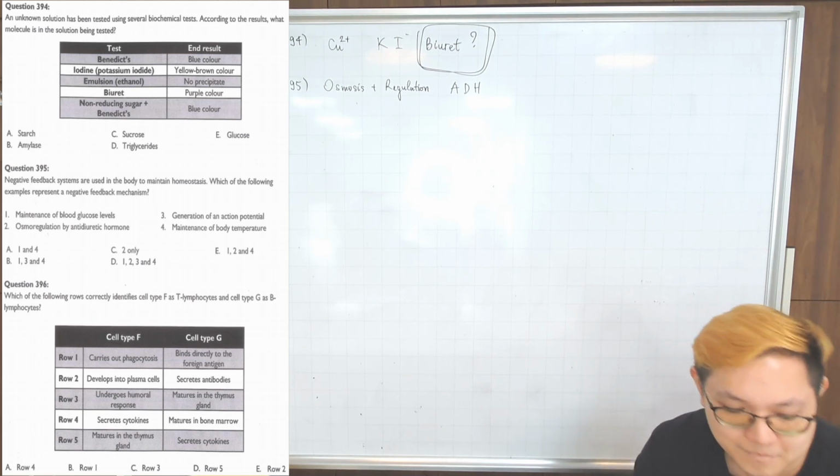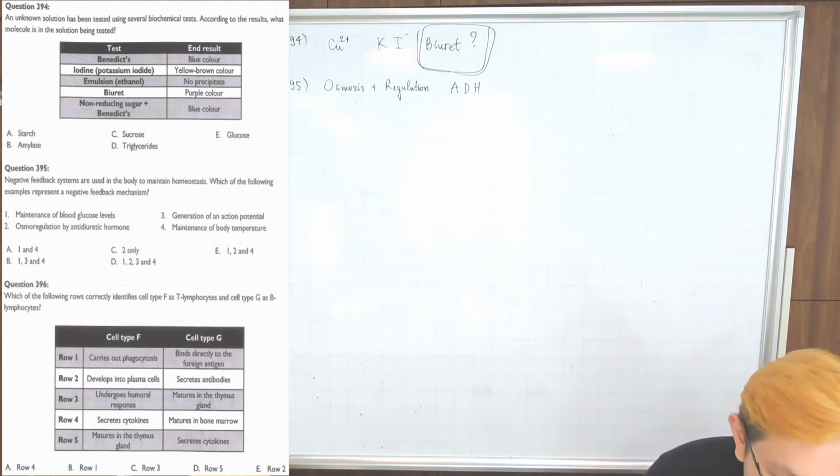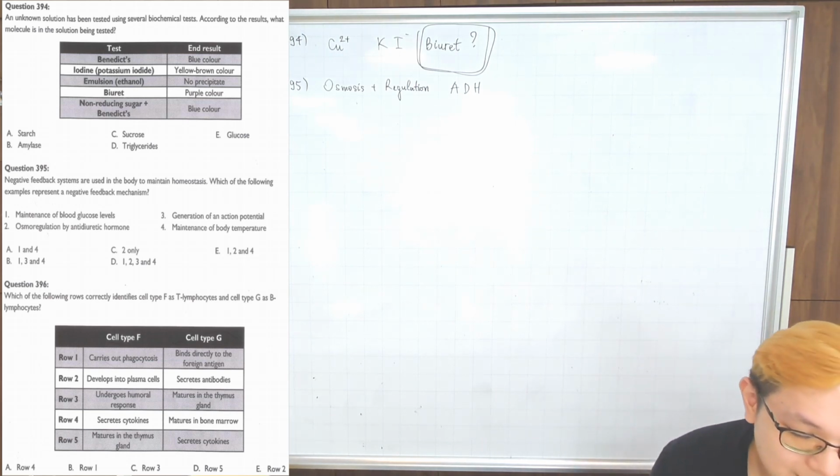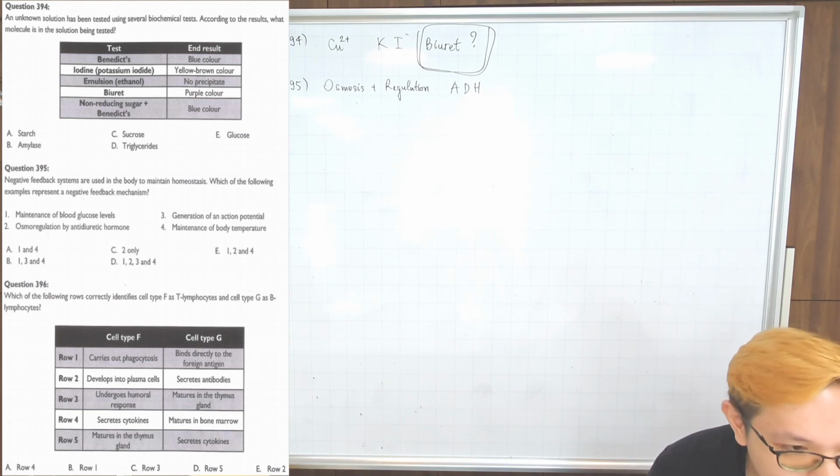Okay. Number 3, regeneration of an action potential. Sự sản sinh của điện thế hoạt động. It has nothing to do with negative feedback, right? Nó chẳng liên quan gì đến negative feedback luôn.